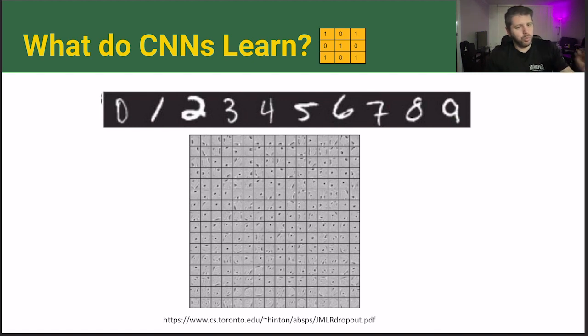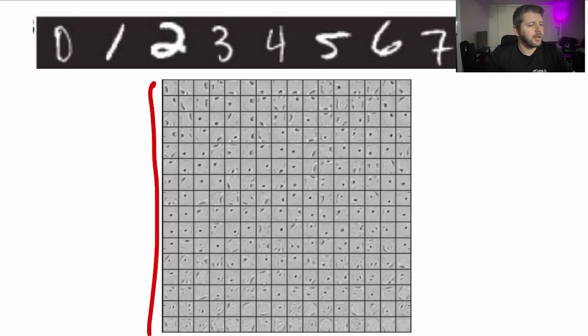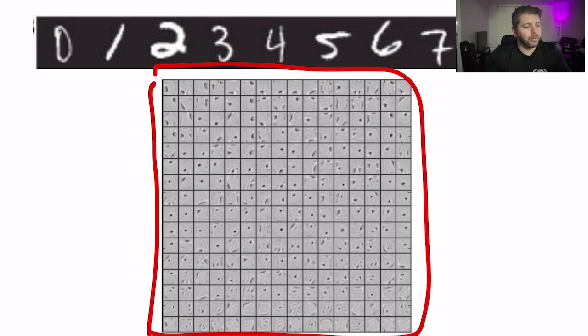And so while the CNN was trained on this MNIST detection task, these are the features that were learned that the model thought would be best in order to model all of these classes.